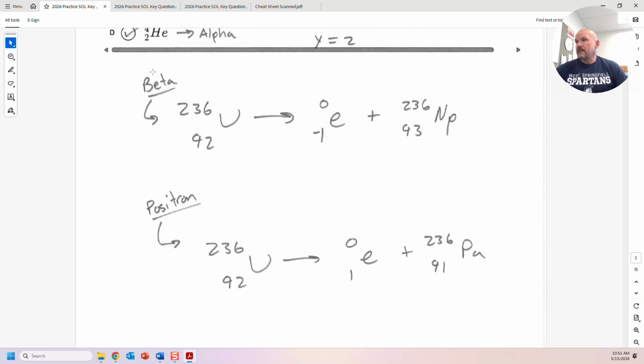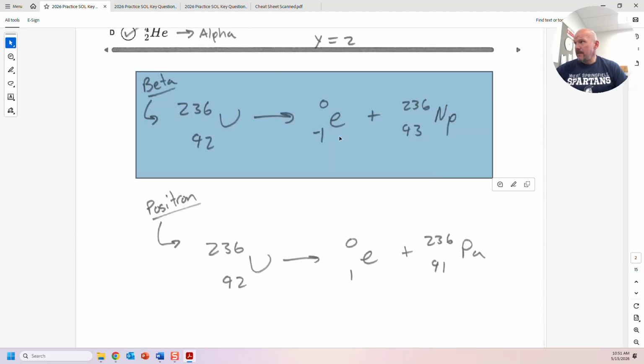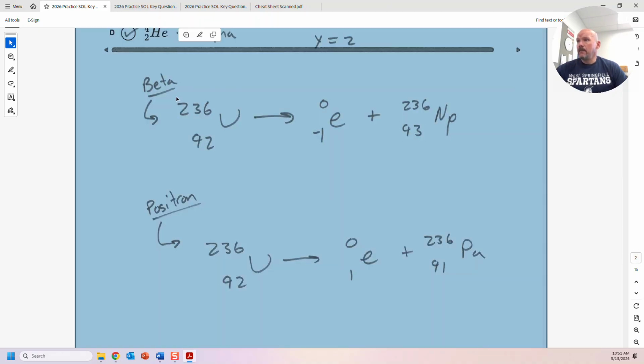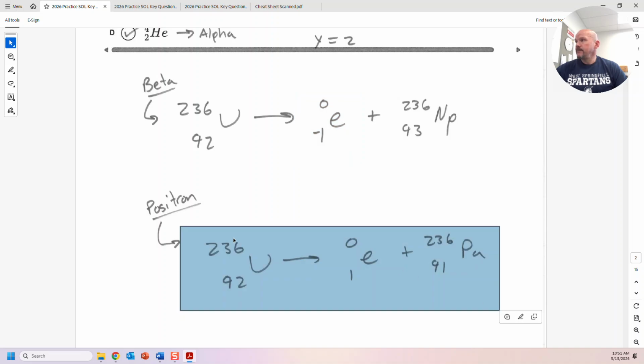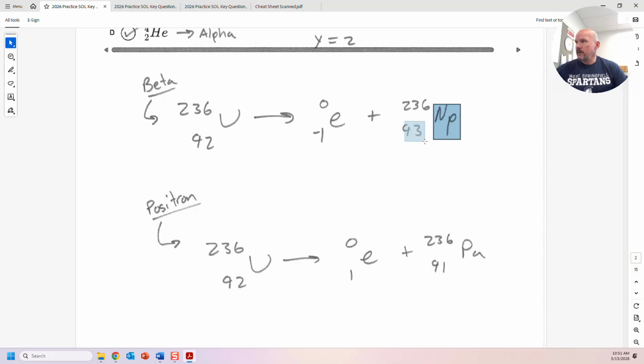Oh, if you want to pause the video, I showed the same equation from the nuclear reaction if it was the same atom, uranium-236, if it underwent beta decay versus positron decay, okay? Just kind of how that would adjust the equations. And remember, these symbols are based on the number that's calculated here, okay? Atomic number, you go to your periodic table and you find the chemical symbol, all right?